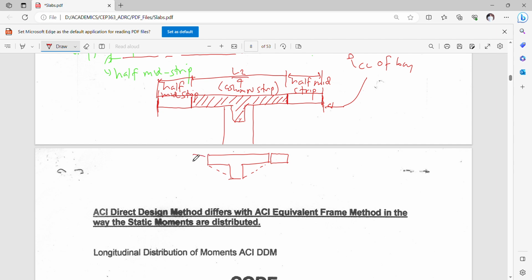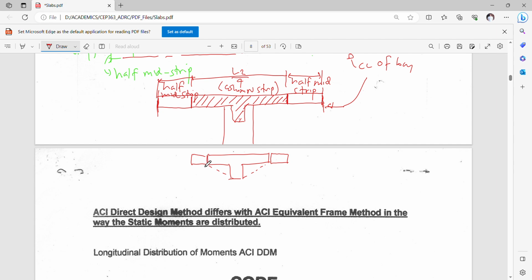The good thing about this alternate procedure on how to design a frame, including the slab, is that you may have a feeling of how the moments are distributed at the columns, at the overhanging flange, and at the remaining slab here.